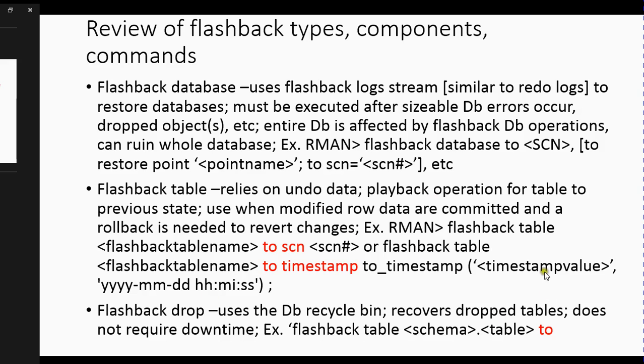What you're doing is reverting changes that were made to a particular row or a set of rows inside the database. For flashback operations in general, the database has to be in archive log mode, as I've told you earlier, and you have to have flashback on.